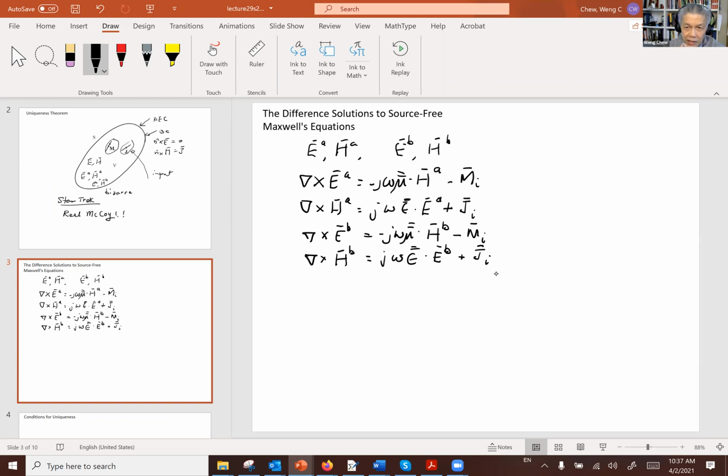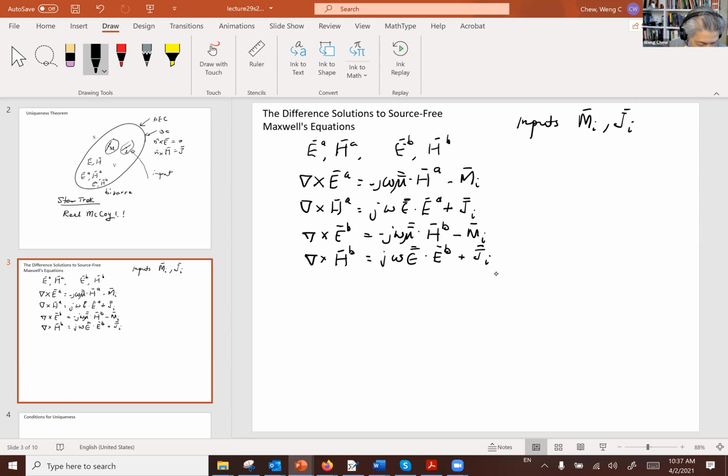So this would be bizarre if we have two sets of solutions satisfying the same driving sources, the same inputs. The inputs are M_i and J_i.